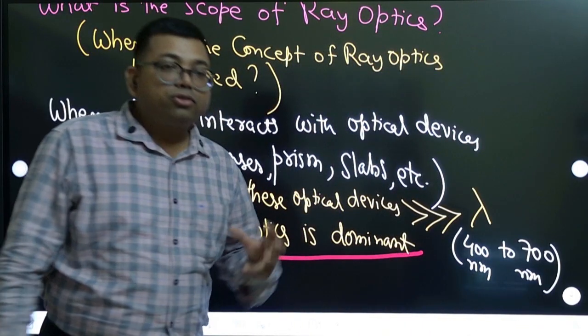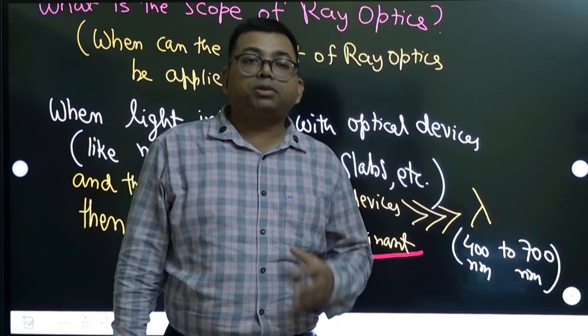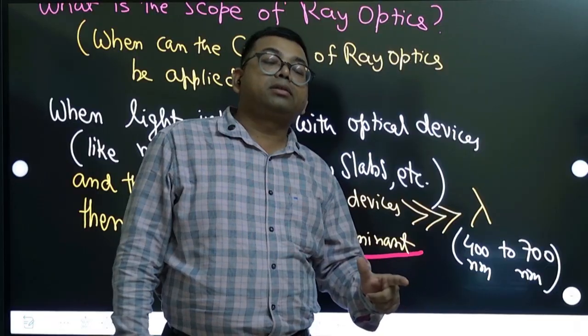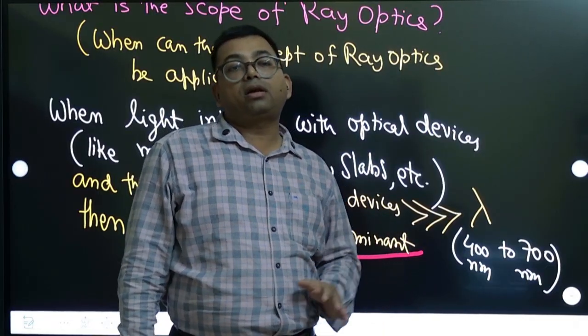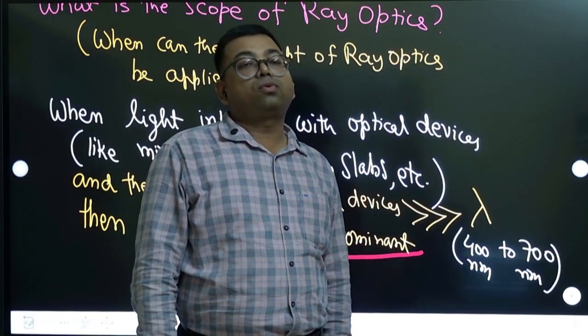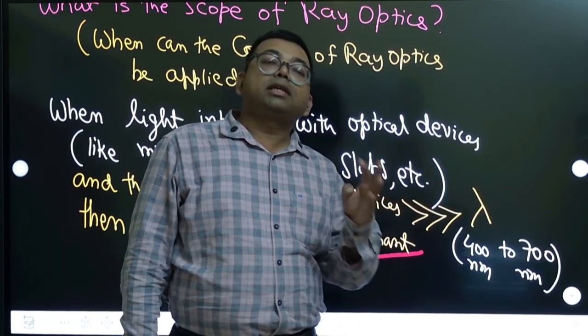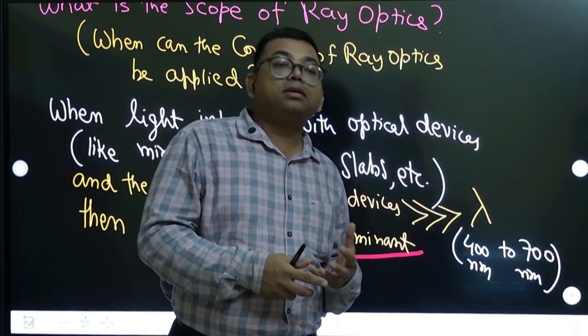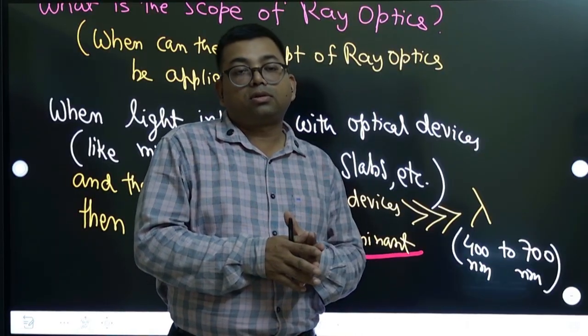So if the size of the object is much larger than the wavelength of light, then only ray optics is useful. That means refraction, these phenomena you can study, and these phenomena will happen in nature.